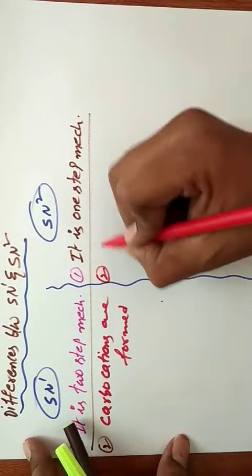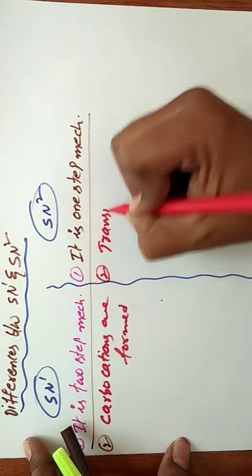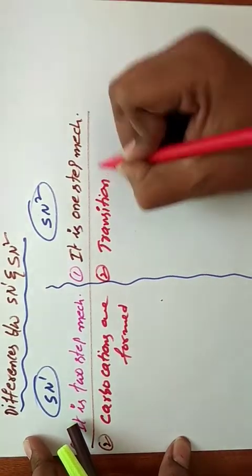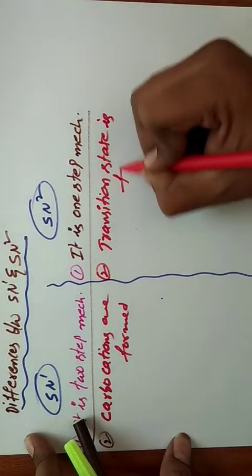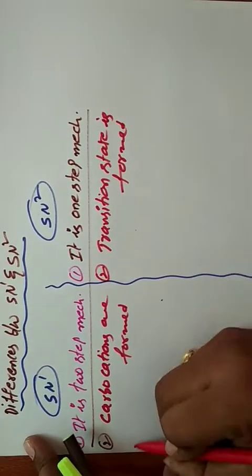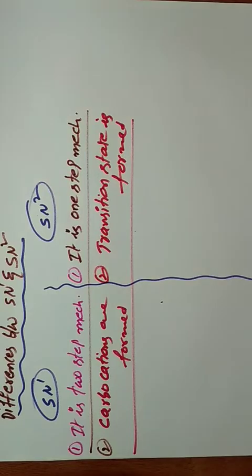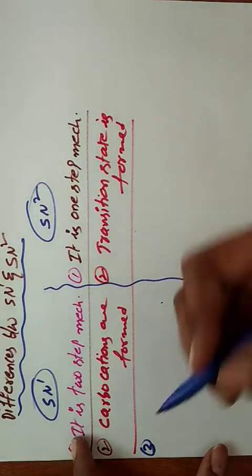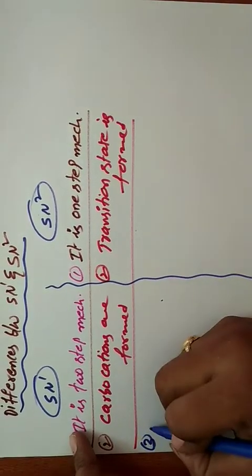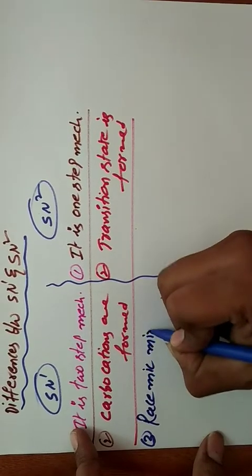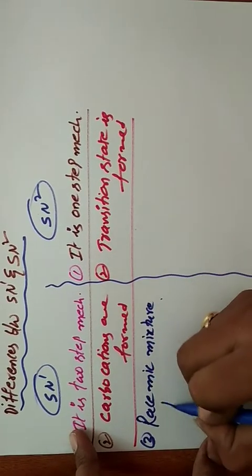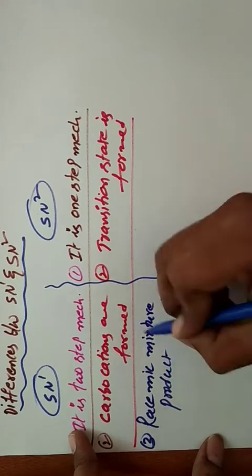Third point: in SN1, what type of products are formed? A racemic mixture product is formed. In SN2, a Walden inversion product is formed. Already we discussed it.